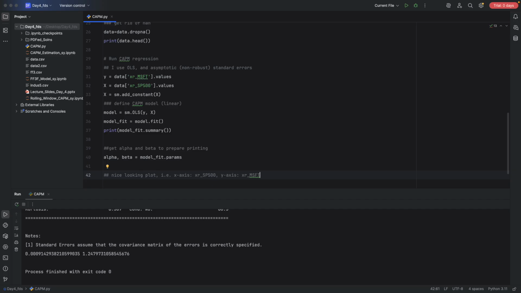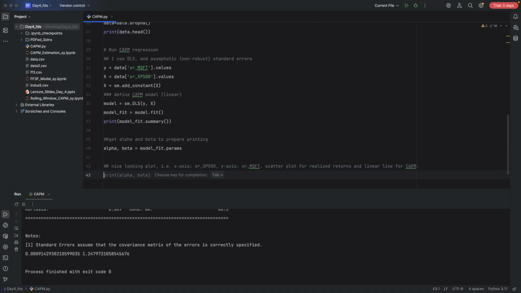I want a scatter plot for realized returns and a linear line for CAPM. If you give that to GPT, most likely it gives you a proper plot. But here I do it like this.